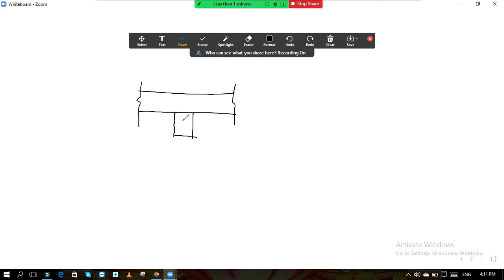So extra compressive internal stresses will get generated. This action is called T action, and that is why this is known as a T beam.